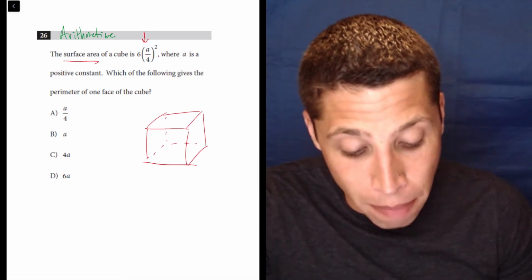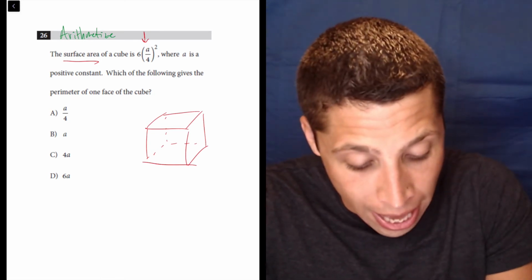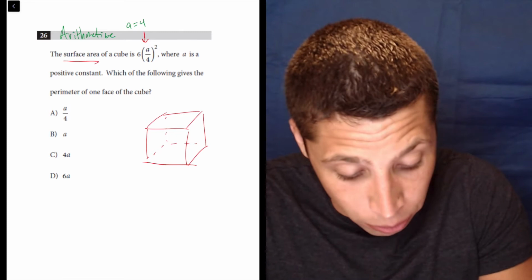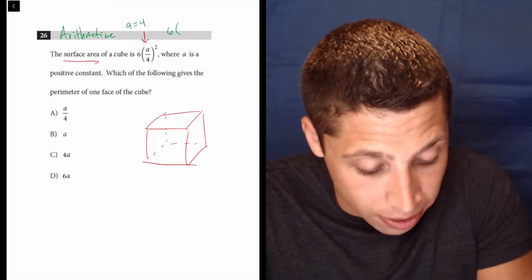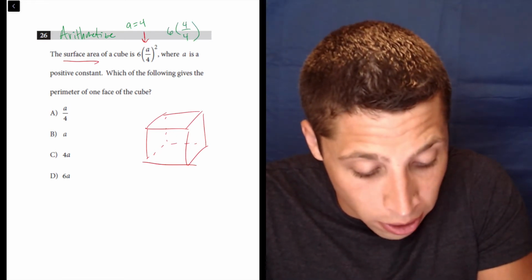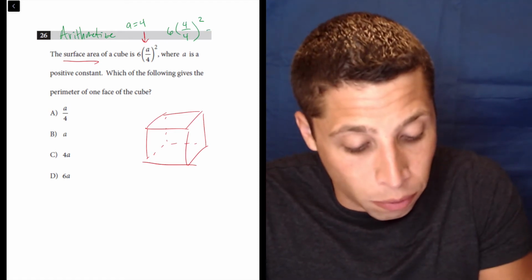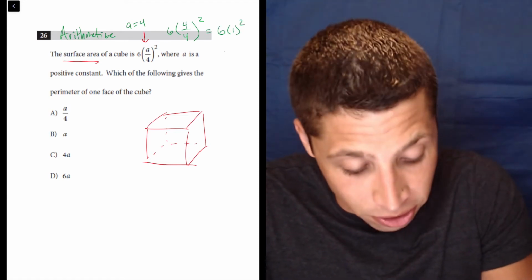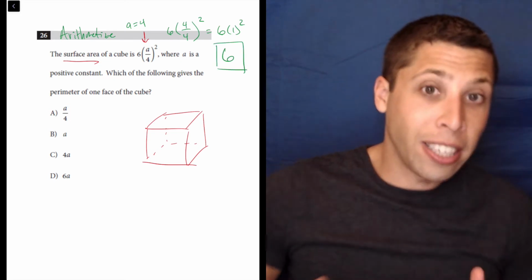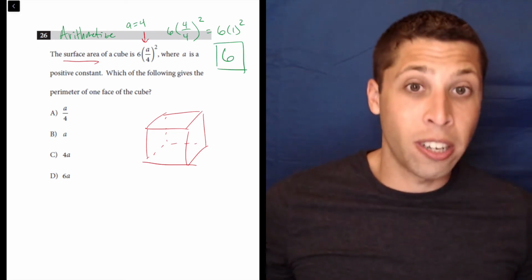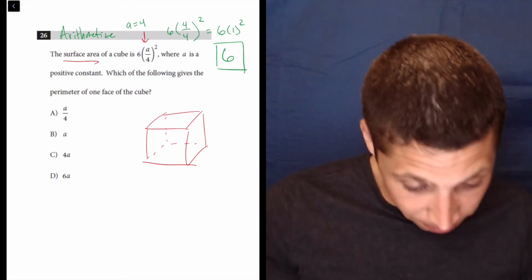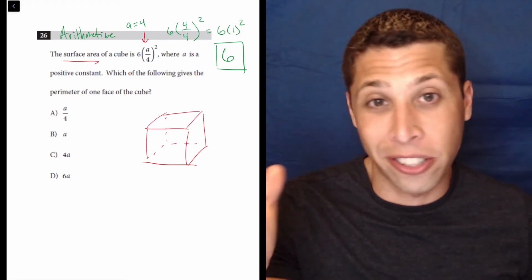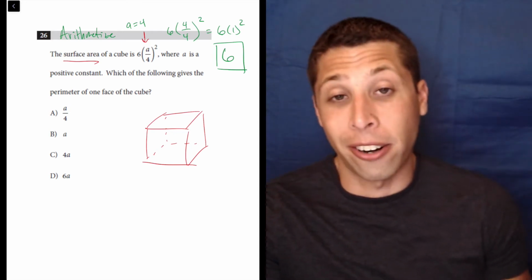My guess here would be to make a equal to 4, because then all the math works out really well. 6 times, in this case, 4 over 4 squared. Well, 4 over 4 is 1. So 6 times 1 squared is just 6. So this is telling me that the surface area of this cube is 6, cubic or square centimeters or something. I don't know the units, it doesn't even matter.